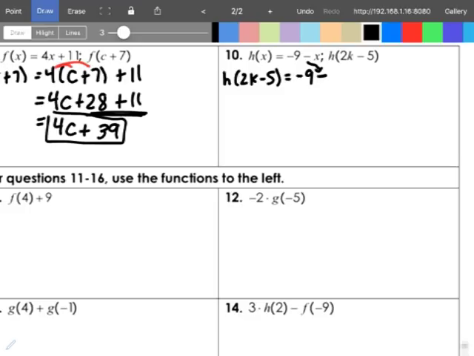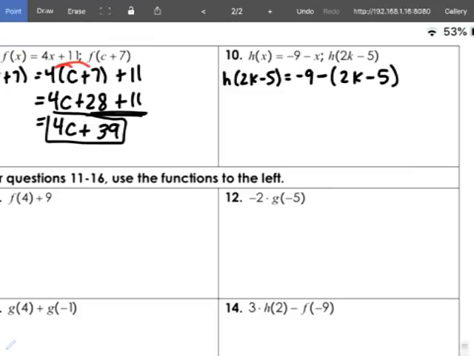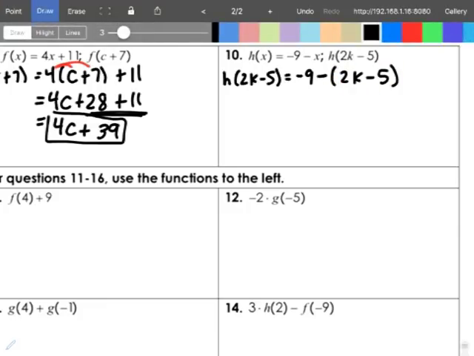So I'm leaving the minus, but I need to put parentheses when I plug in this x, because I'm actually subtracting this whole term. This entire thing, 2k minus 5, I'm subtracting that whole piece, right? Because it's minus x. This is my whole x term, so I need to subtract every piece of that.